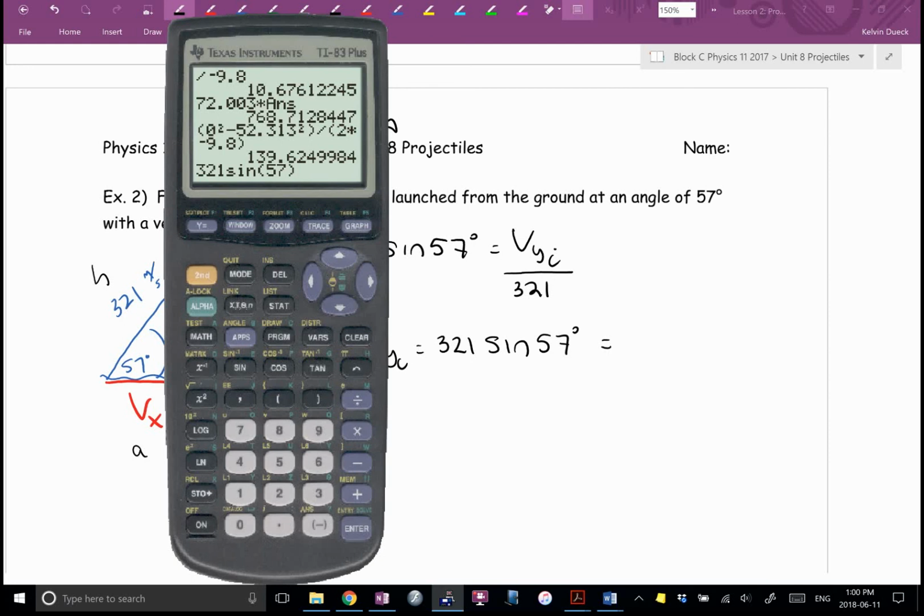Probably you don't need to put brackets around them, but it's not a bad habit. You get 269.21. My rule of thumb is I usually carry 5 sigs, because if I carry 5 sigs, my final answer should be good to 5 sig figs. If I carry 5 sig figs, I'm usually going to be good in my final answer to 3 sig figs, which is about as accurate as I care to be. So 269.21?